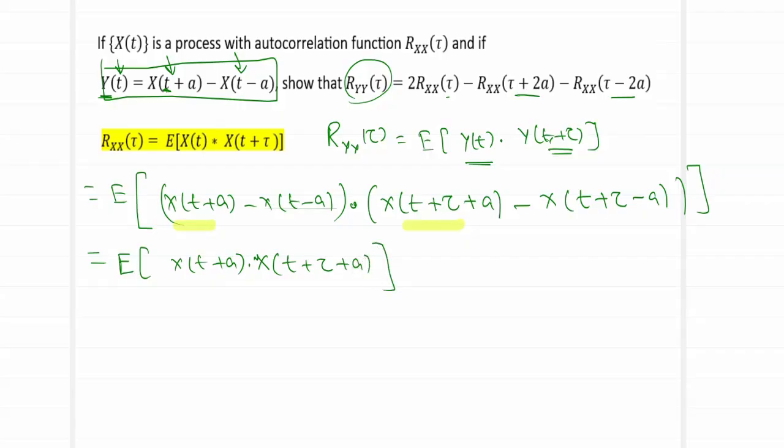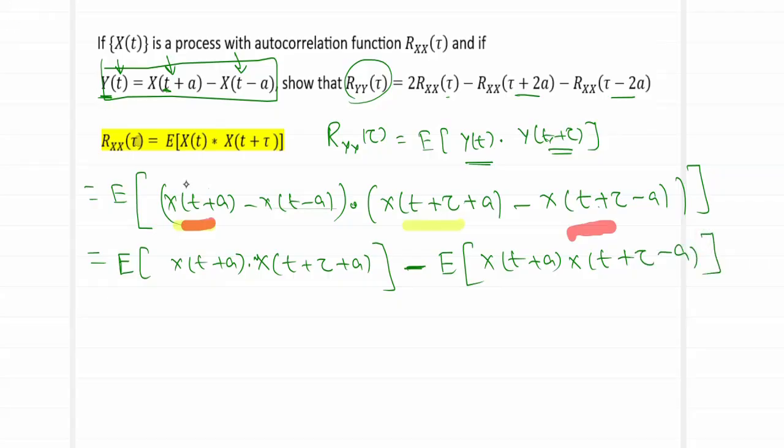Now the first term with the second term: this is positive, this is negative, so I have a negative sign. Expected value of x of t plus a, and the next term x of t plus tau minus a. That completes my second term.